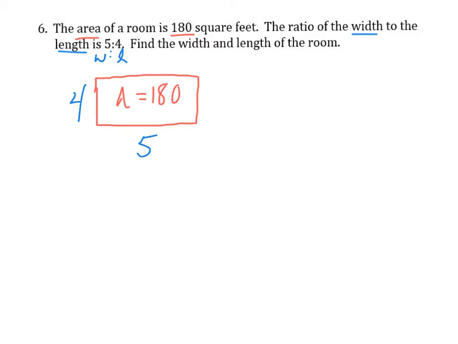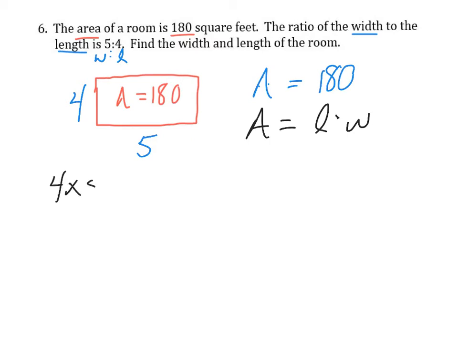But the problem is my area is equal to 180. I know the formula for area is length times width. Well, if I do 4 times 5, that's only going to give me 20. I have to figure out what it was originally before I reduced it down to 4 and 5.